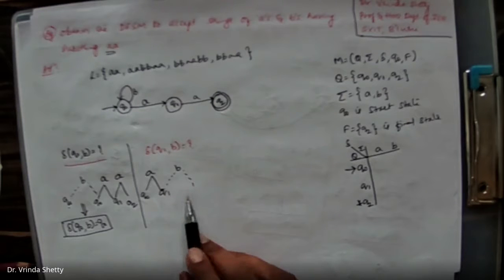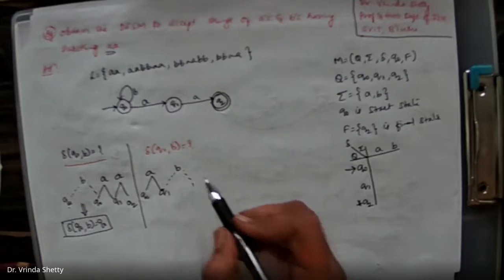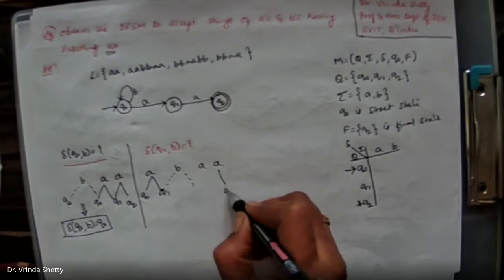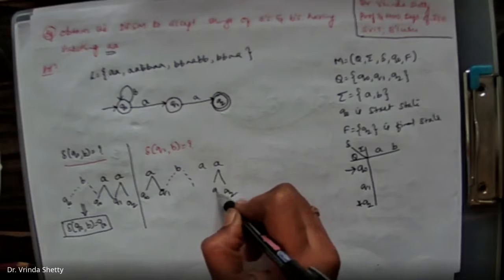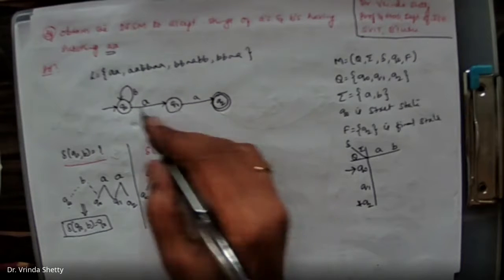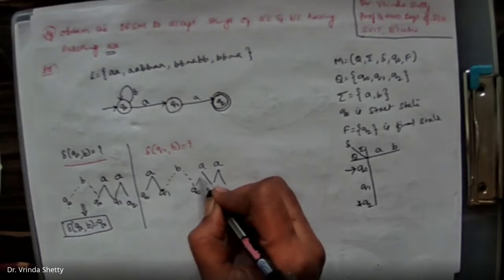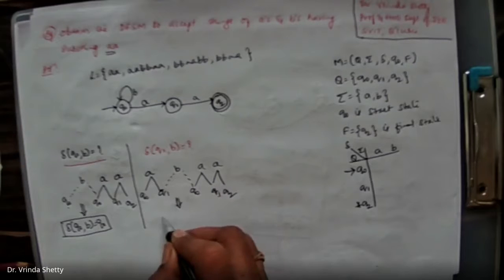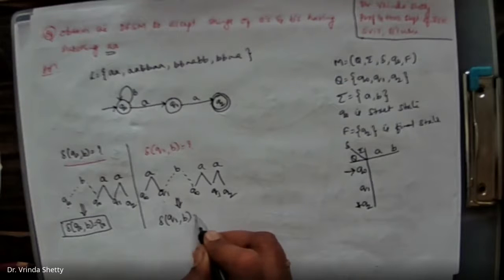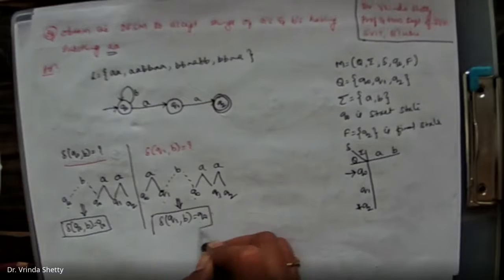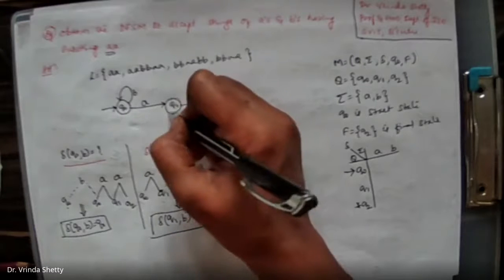We have one A. To make this string accepting, we need a minimum of 2 A's, so in the reverse direction, Q1 on A goes to Q2, and Q naught on A reaches Q1. Write the transition here: delta of Q1, input B, to which state do we need to go? We need to go to the state Q naught. Q1 on B goes to Q naught.